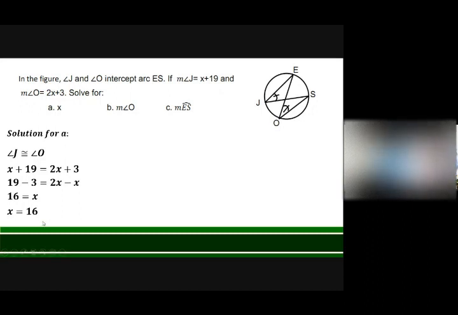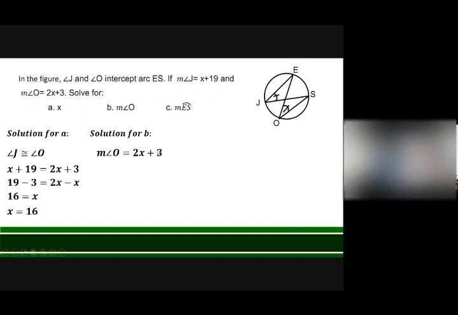Ngayon, may nakuha na tayong value ng variable x. Let us try to solve daw for angle O. Yung angle O daw natin, ang value ay 2x plus 3.